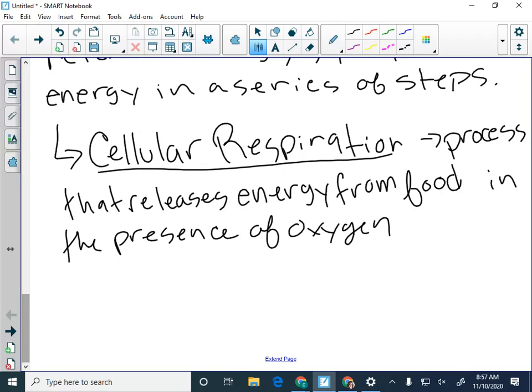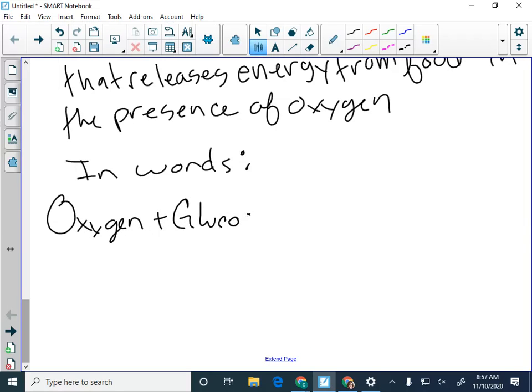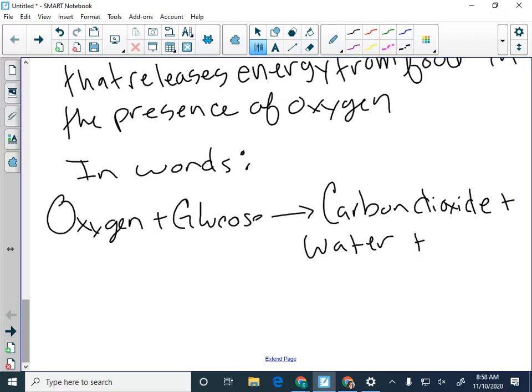Cellular respiration, if we're going to write it in words, we are taking oxygen and glucose, and we are getting carbon dioxide, water, and energy.